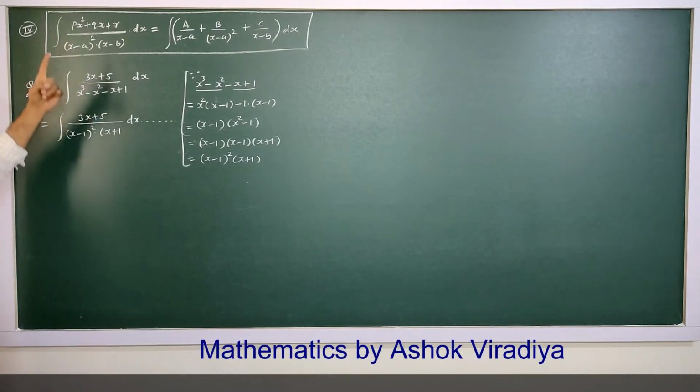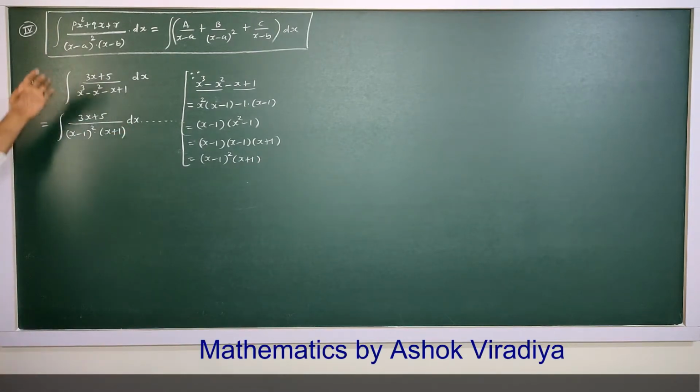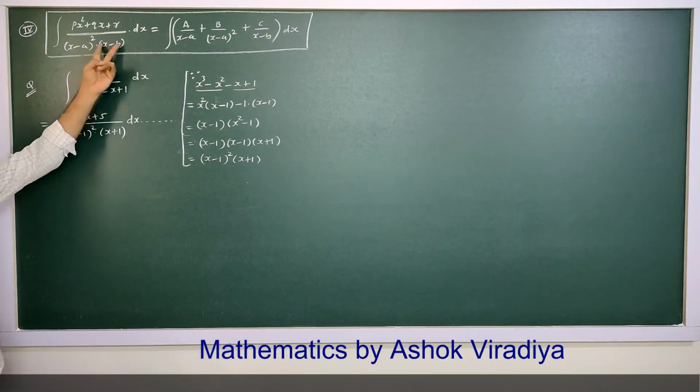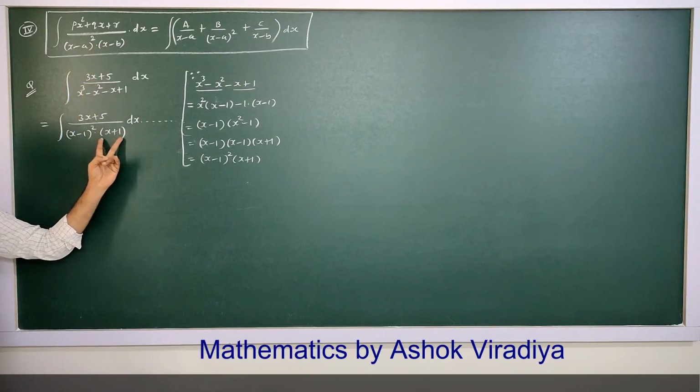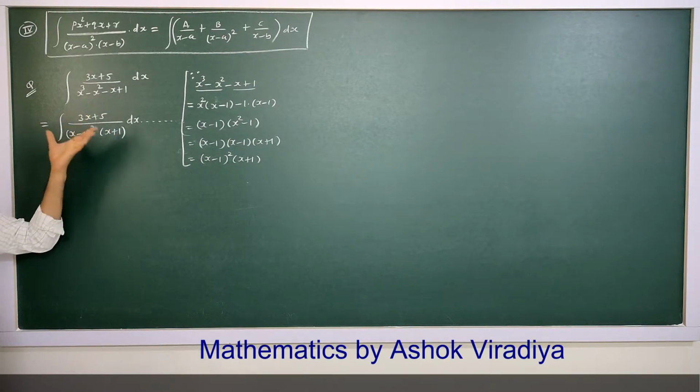You can see that this pattern is visible: x minus a whole square, x minus 1 whole square, x minus b, x plus 1, and this has a smaller degree than the denominator.